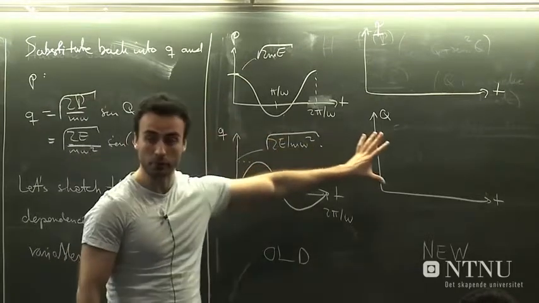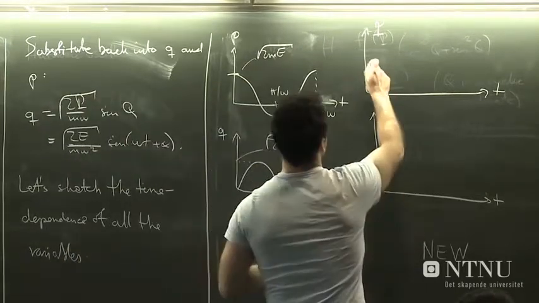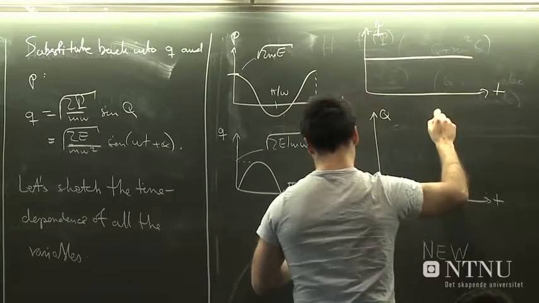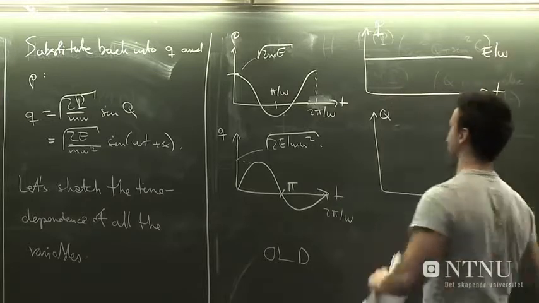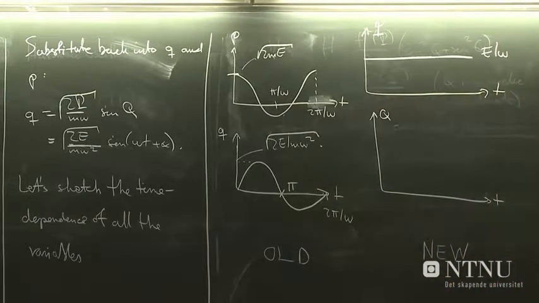Now, in terms of the new coordinates, well, the canonical momentum is just a constant. It's the energy divided by the frequency, omega.